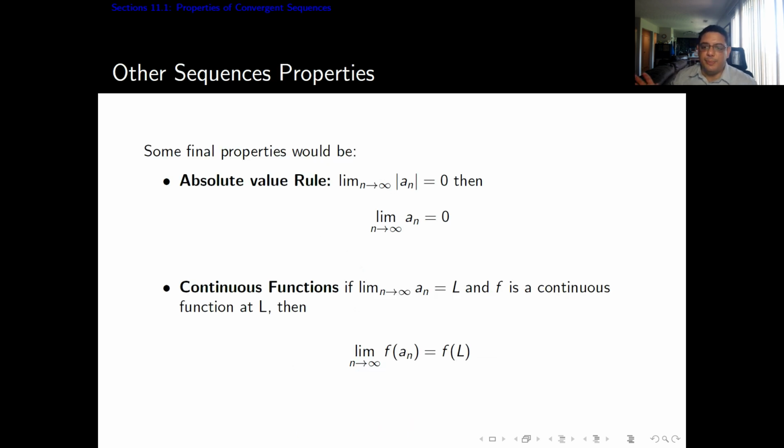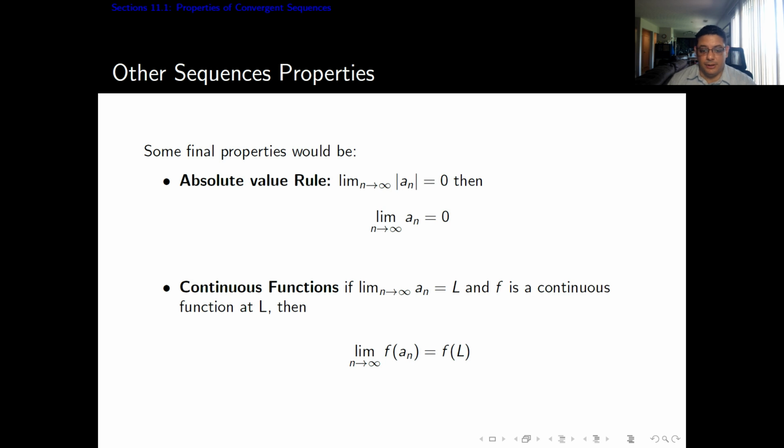The final two properties start with the absolute value property: if the limit of the absolute value of a_n is 0, then the limit of the sequence is 0. This is especially useful for alternating sequences, where we can analyze the limit without paying attention to the alternating pace.